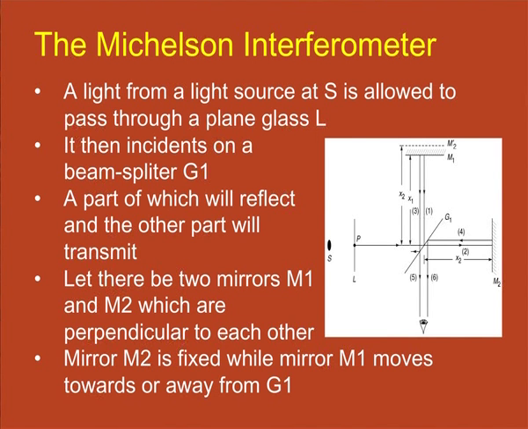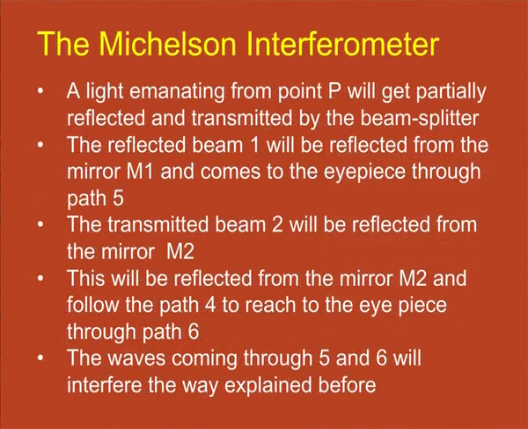It then is incident on a beam splitter G1, a part of which will reflect and the other part will transmit. Let there be two mirrors M1 and M2 which are perpendicular to each other. Mirror M2 is fixed while M1 moves towards or away from G1. Light emanating from point P will get partially reflected and transmitted by the beam splitter.